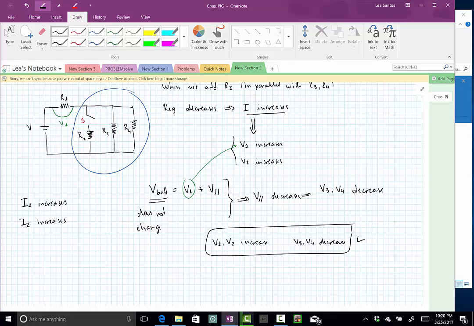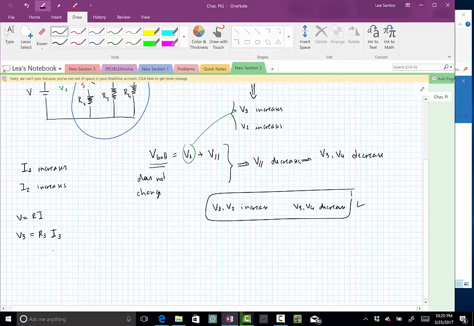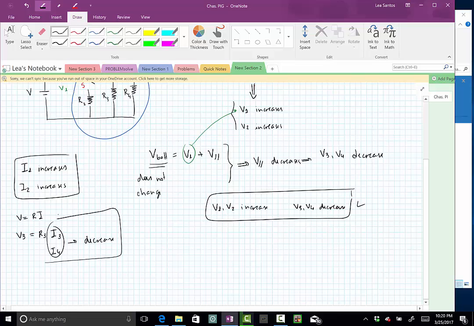If the potential difference decreased, well, I know that the current will be given by this equation. So the potential difference decreased. The resistance didn't change, so I3 will also have to decrease, and I4 will also have to decrease. Okay. All right, so we concluded that the current in I1 and I2 increase, the current in I3 and I4 decrease.